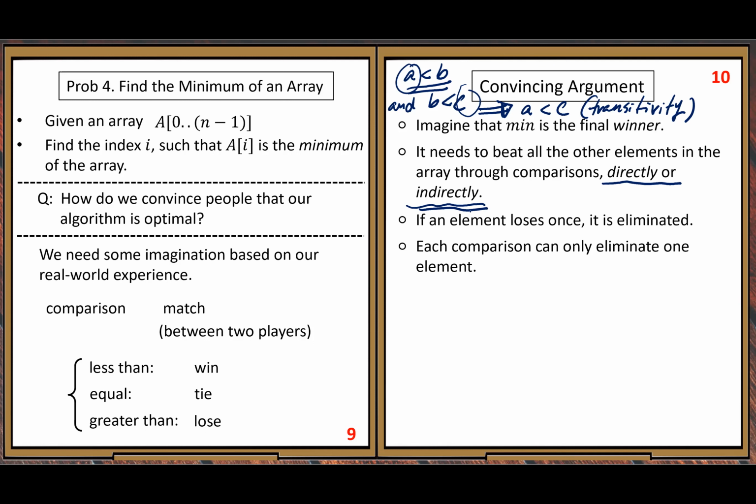How about that? If we say at the most one, it's because you may do some redundant comparison. If you do a redundant comparison, you may not be able to eliminate anyone, because it is an unnecessary comparison. So to say it more accurately: can only eliminate at the most one.